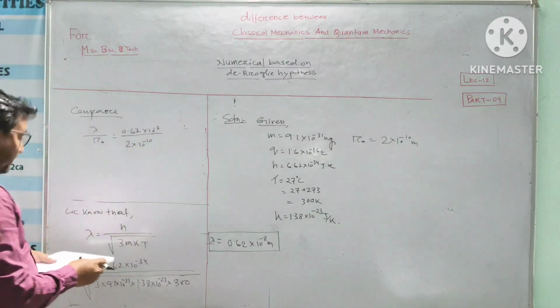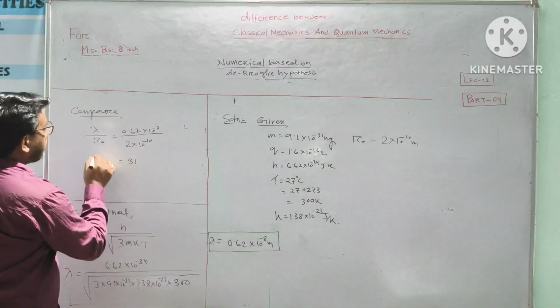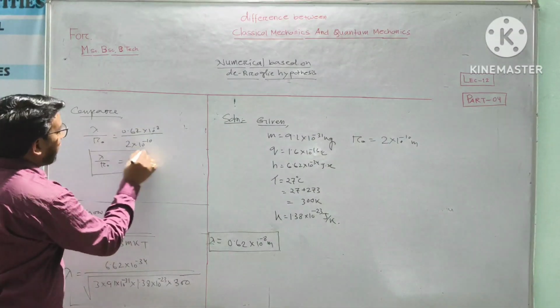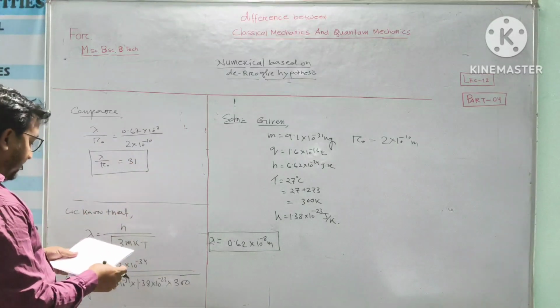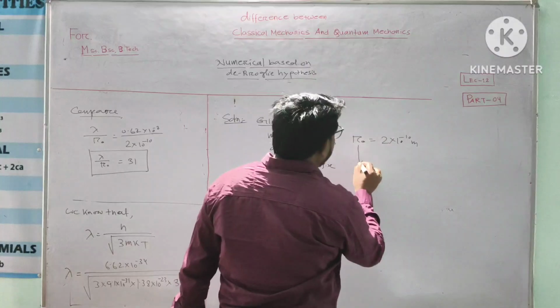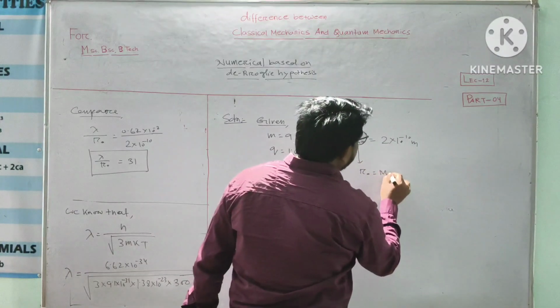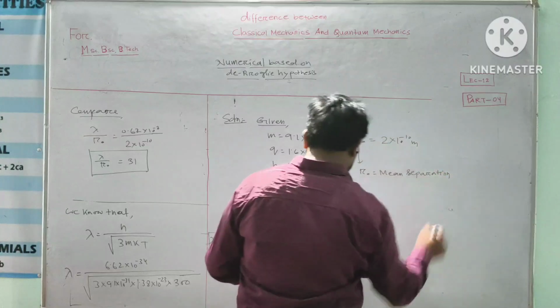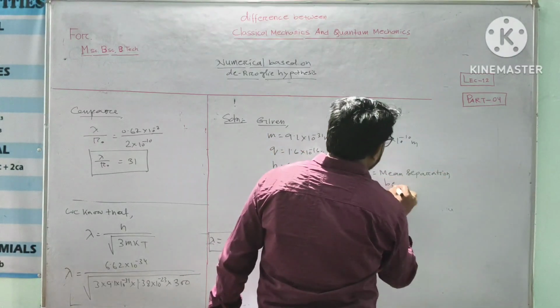Okay, after solving this part we will get 31. So this is the comparison between wavelength and mean separation between two electrons. Always remember, this R naught is denoted by mean separation between two electrons.